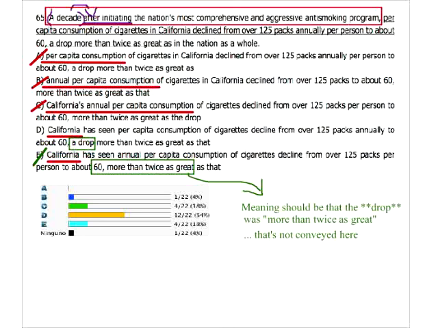The other error is another redundancy error. Does anybody see the redundancy in choice E? Remember the examples we gave of redundancy before. For example, if you say annual salary per year, that's redundant and therefore incorrect.